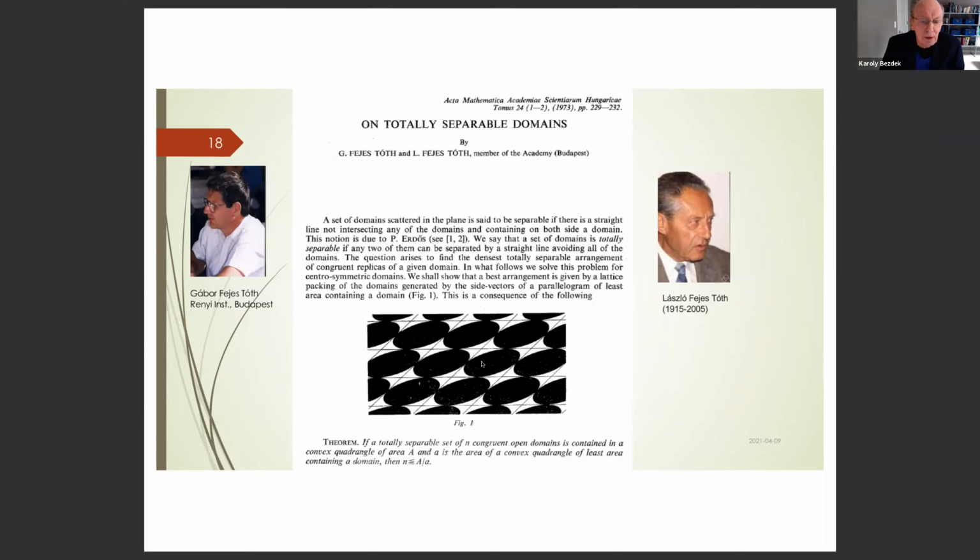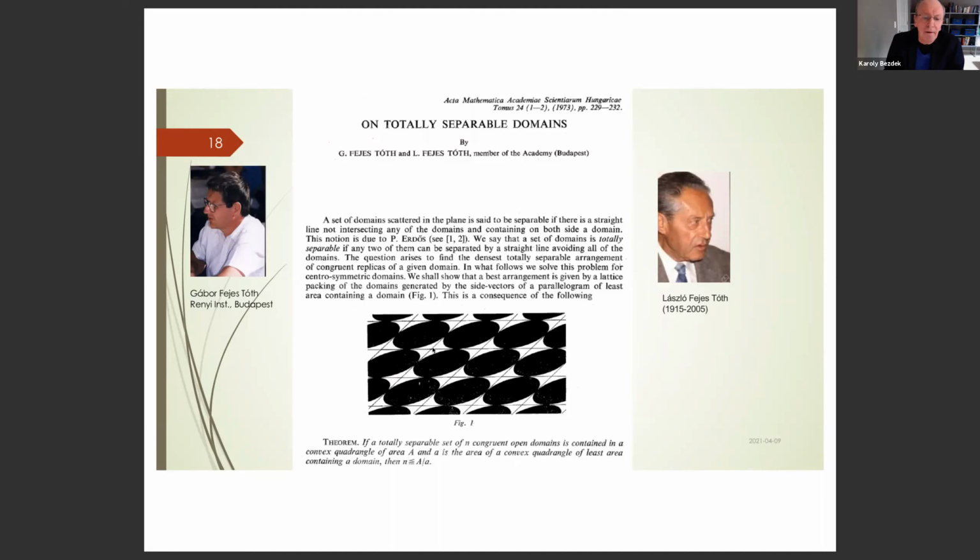And their theorem states that the highest density we obtain is if we take the smallest area quadrilateral circumscribed about the centrally symmetric domain. That is always a parallelogram.